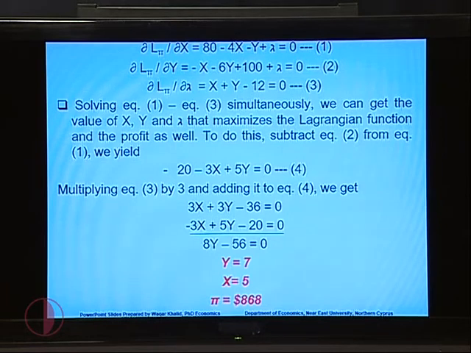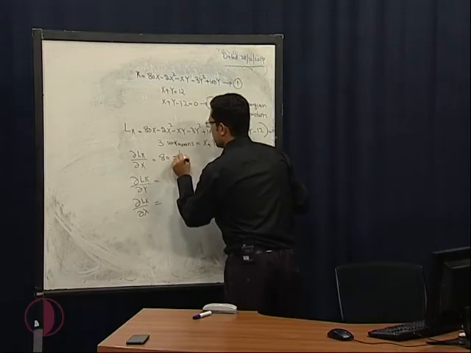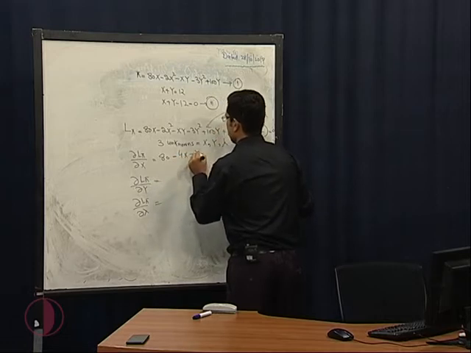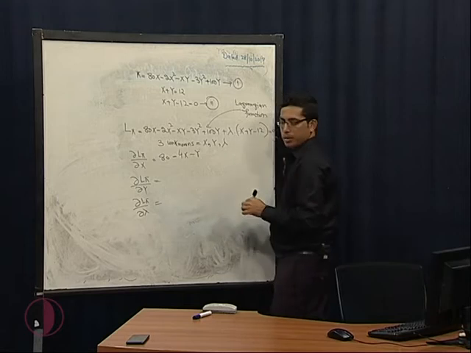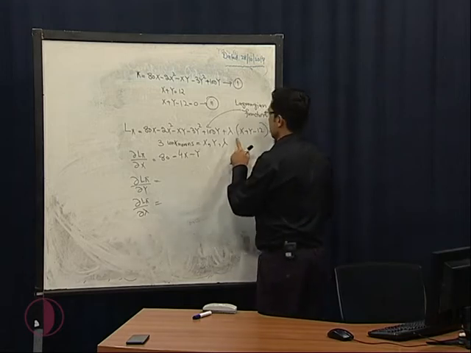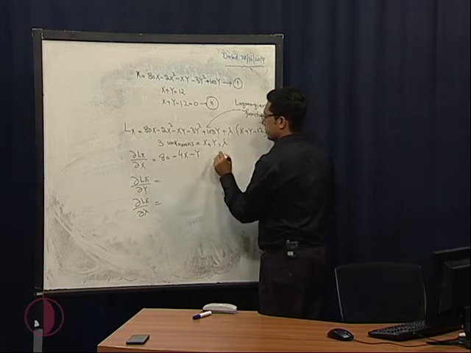Now first, we are going to take the partial derivative of this Lagrangian function with respect to x. We can write it as 80 minus 4x minus y plus lambda.